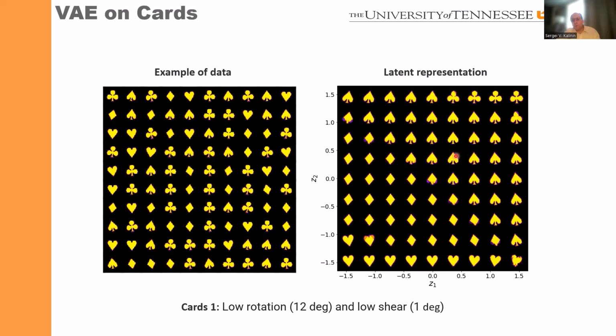So only local linearity works. You can also see that some of the objects on the boundary between two different types are kind of imperfect, meaning that in this case the generative model failed. It tried to reconstruct something that interpolates between the diamonds and pikes, and this is not perfect. This is another example of failed reconstruction.